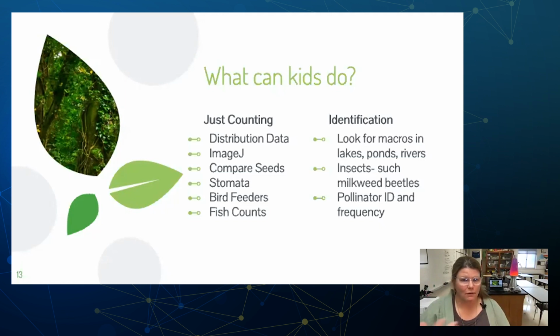The milkweed beetles were really high this year, and asking that question and then looking for the evidence of milkweed beetles and identifying that they're there. Pollinator ID and frequency. So how many pollinators are you seeing in a garden or a flower patch or a weed patch, and going out and doing counts and taking data just based on that.